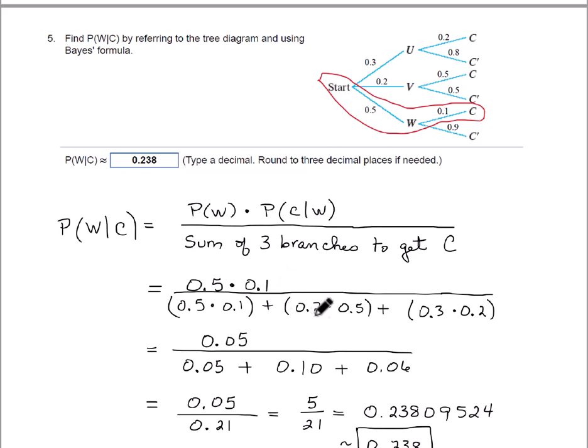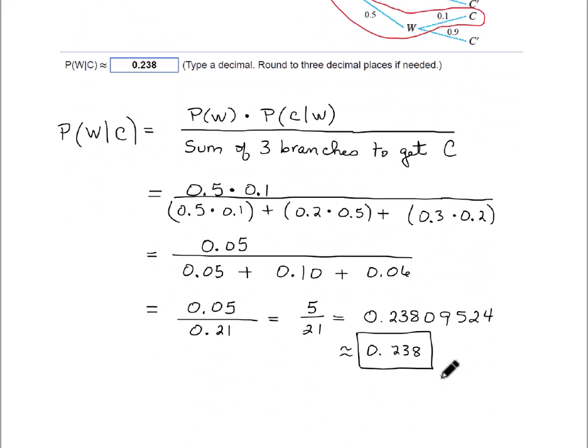On the bottom, I have to do the probabilities for all of the branches to get to C, and then add them all up. So I've got 0.05, 0.1, 0.06. All right, from there it's fairly straightforward. Add the denominator.